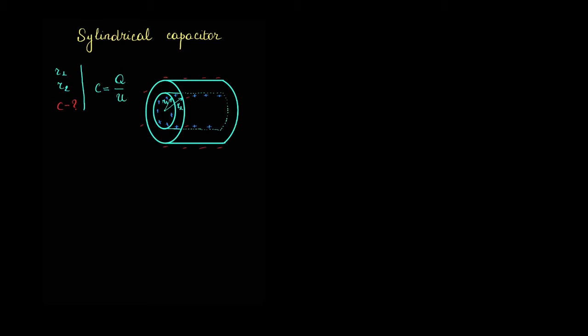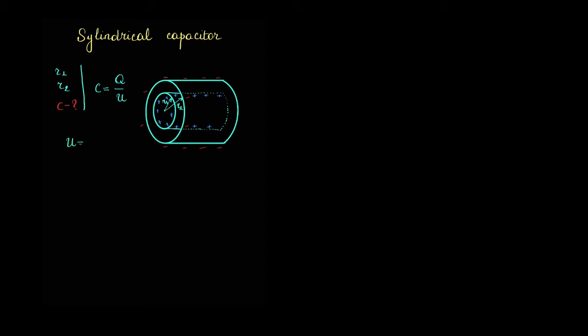So we need to derive an expression which also includes R1 and R2, the inner and outer radii of these cylinders. To do so, we need to find the relation between U, the voltage, and the charge Q.